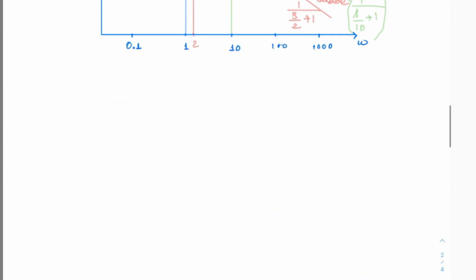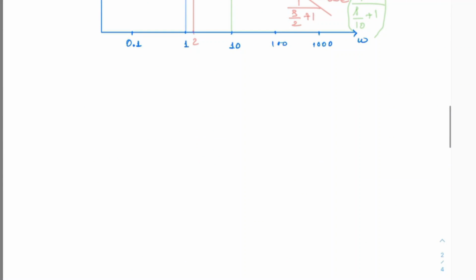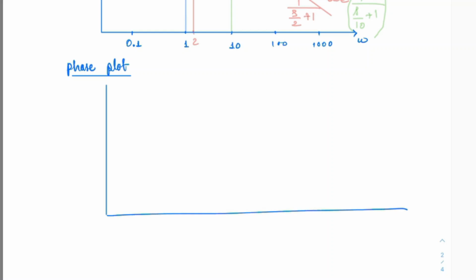So similarly, now let us draw the phase plot. So here we are plotting the phase against the frequency omega.